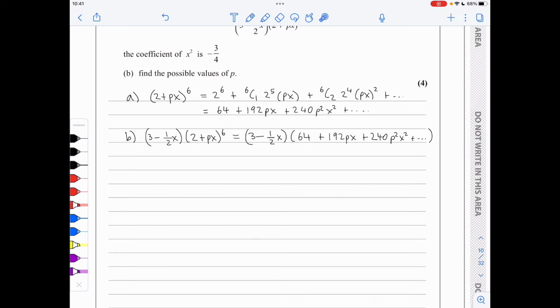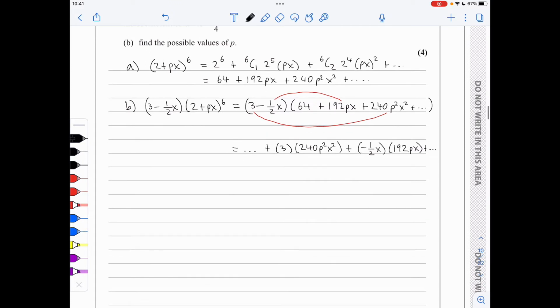We are being given that the coefficient of x squared is negative 3 over 4, and I will have to consider which combinations will give me an x squared term. It's obviously the constant with the x squared term and the x with the x. So this will give me 3 times 240p squared x squared plus negative a half x times 192px plus dot dot dot.